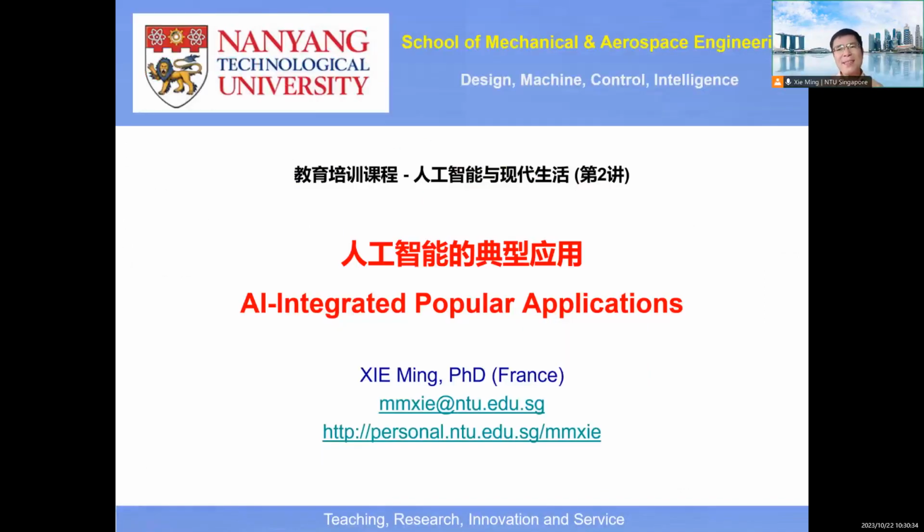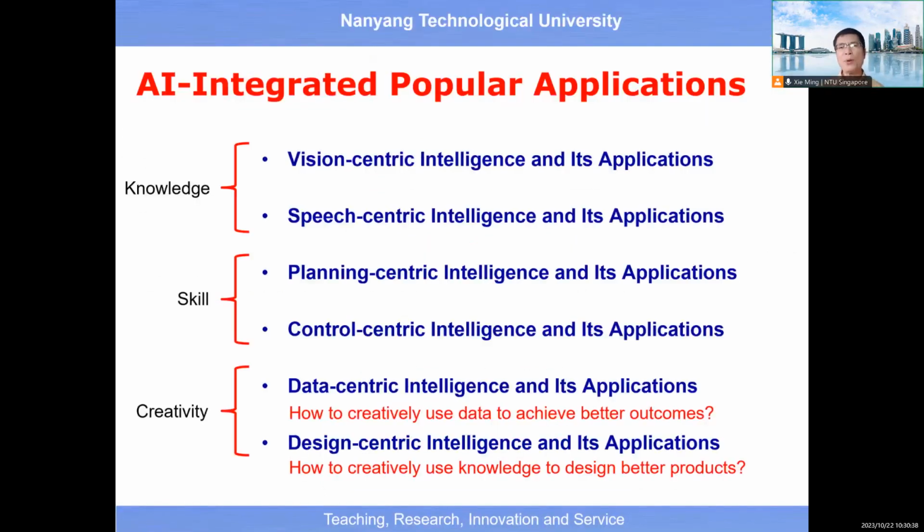And then in lecture 2, we studied some popular applications, which could be classified into these 3 categories. The first category are applications related to knowledge. The second category are applications related to skill.